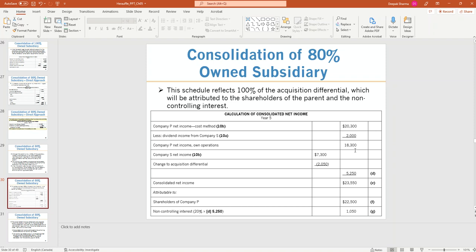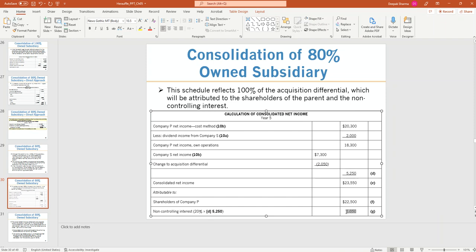Then this is the same number that we calculated previously. Now, because this is not owned 100% by the parent, we allocate 20% of that amount to NCI. So the share for P is 22,500, because you don't touch the subsidiary's net income for the parent's portion, and the NCI will get 20% of the subsidiary's net income.